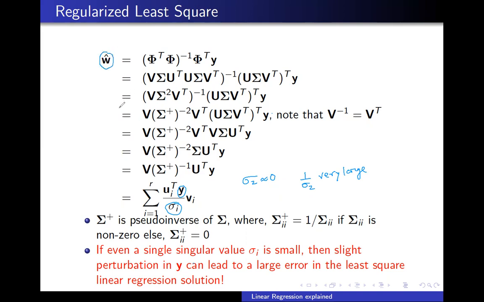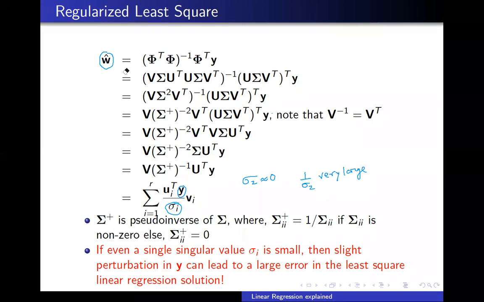And since you're making your prediction based on this coefficient vector, your linear regression solution can vary very, very drastically. This is a problem that we'll see how to deal with in a minute.